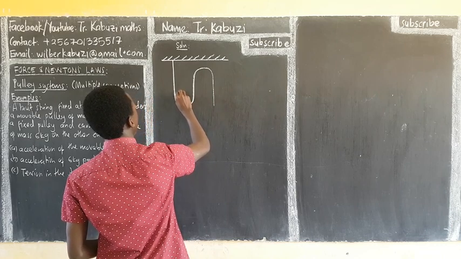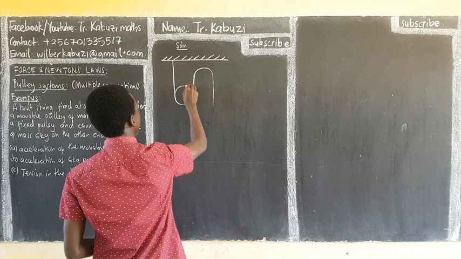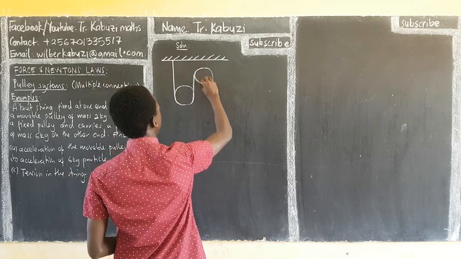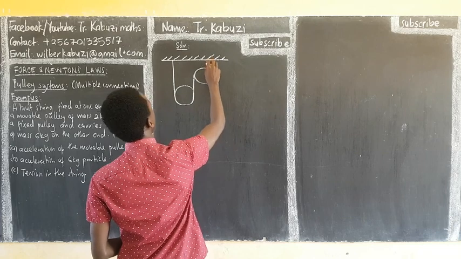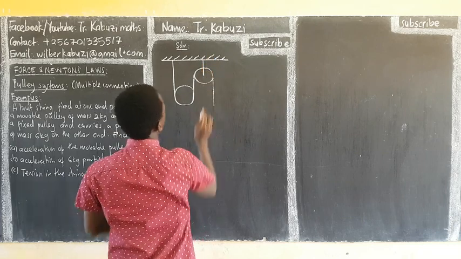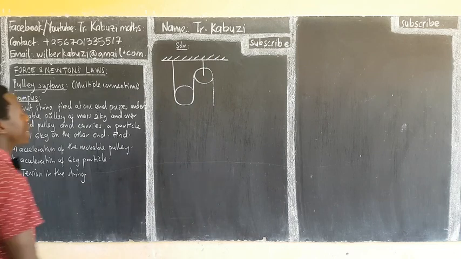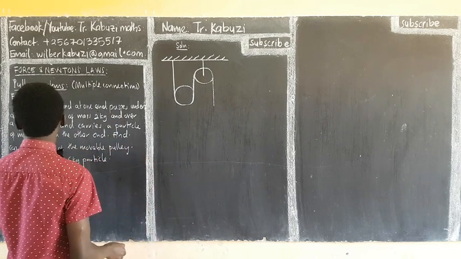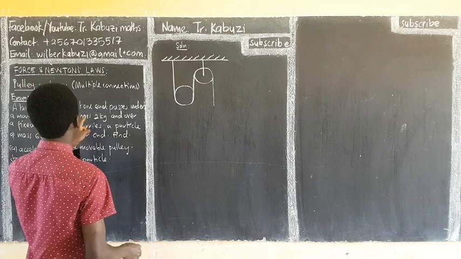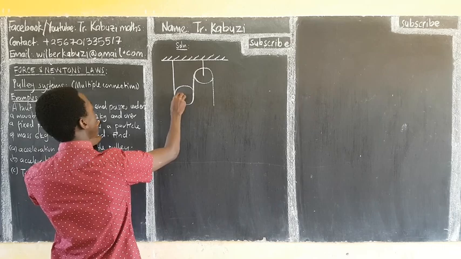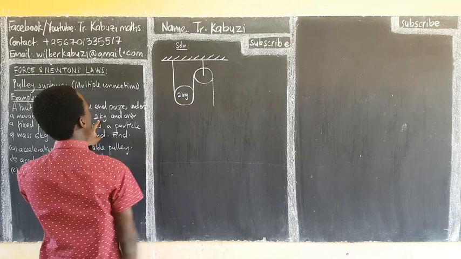Then you put in the pulleys. This is the movable one, and this one is the one which is fixed. And the sketch is done. As simple as that. So they're telling us the string goes under a movable pulley, and this is the movable one, so it has 2 kilograms.